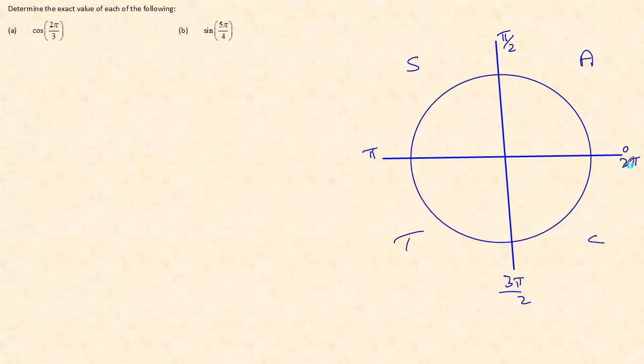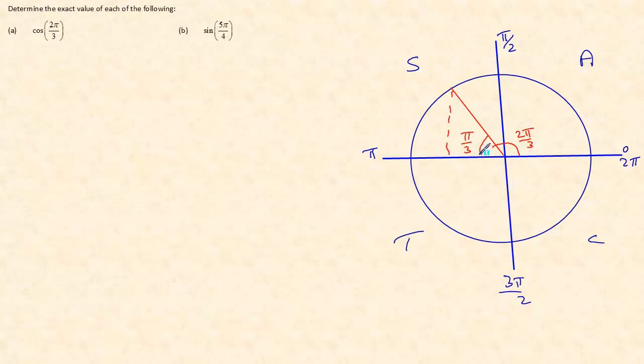So cos 2 pi by 3. So 2 pi by 3 is a bit more than pi by 2, but not as much as pi, so that's going to be in here somewhere. So if this angle here is 2 pi by 3, this one must be pi by 3, because of course pi is 3 pi by 3.